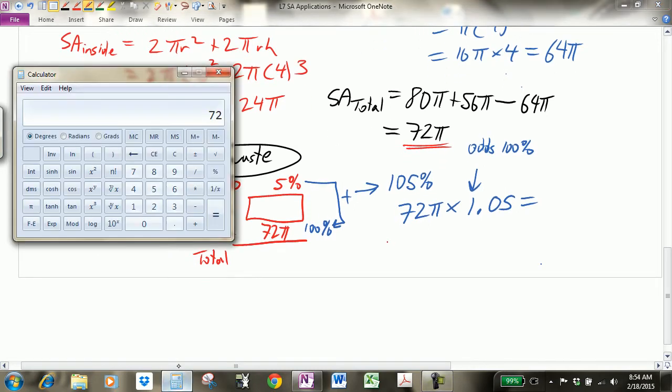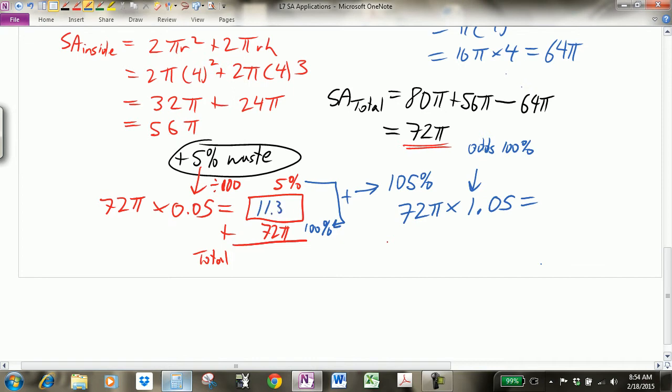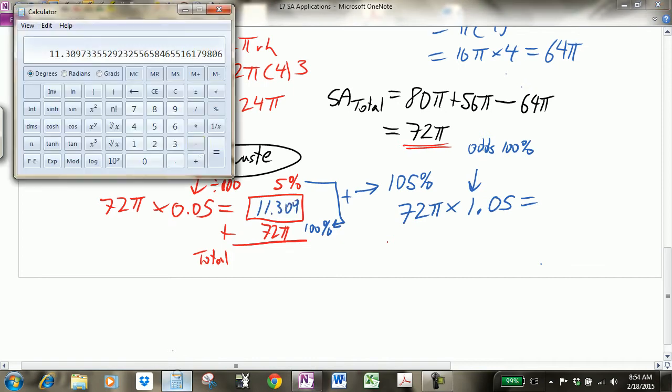So let me just do it both ways for you. 72 times pi times 0.05, 11.309. Now add 72 pi to it, and you get 237.5.